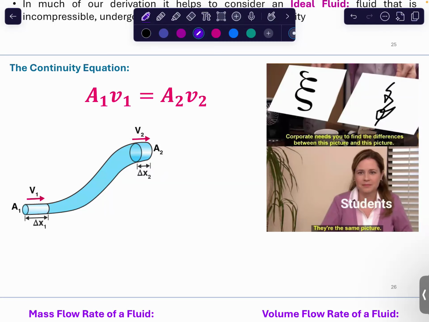We call that flux. As you notice here, you have a pipe that starts off smaller, gets bigger. So your area 1 times the velocity across area 1 is going to equal area 2 times the velocity across area 2, because the same amount of water has to cross both of them in the same amount of time.